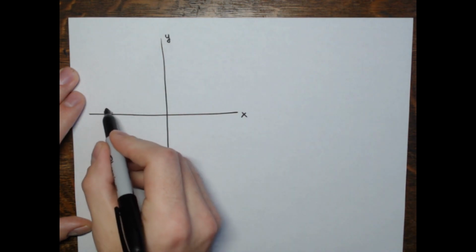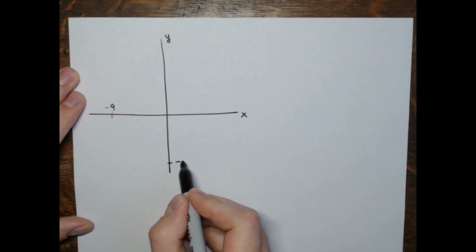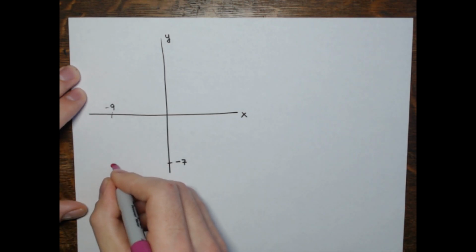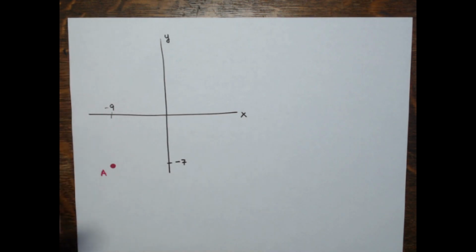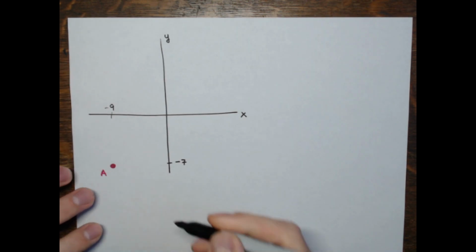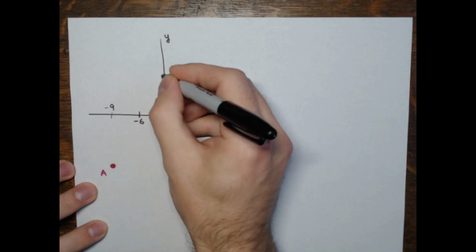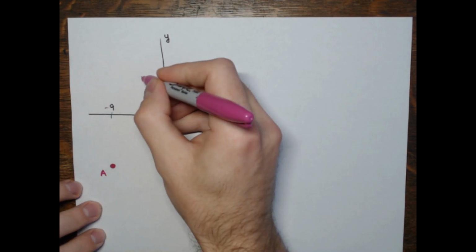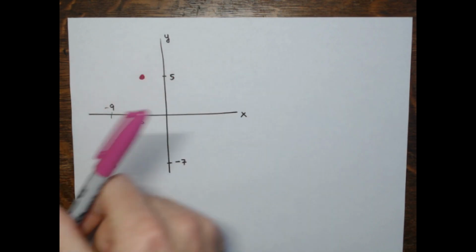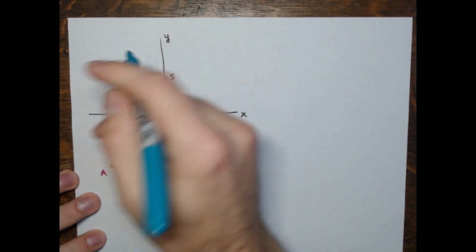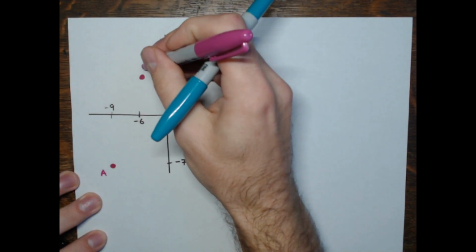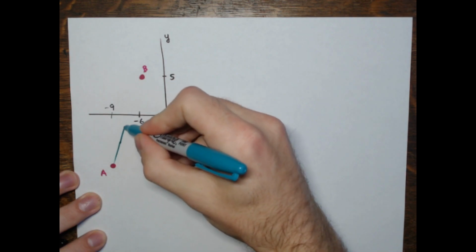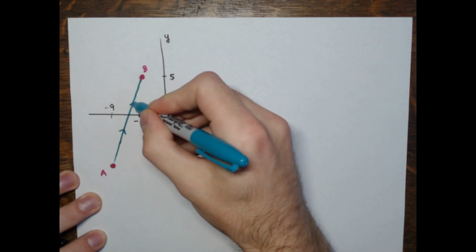Starting at -9, -7, here is point A, -9, -7, and it moves to point B at -6, 5. Maybe I made it too easy last time. It was too simple. There's point B, and this was the motion, a straight line motion from A to B.